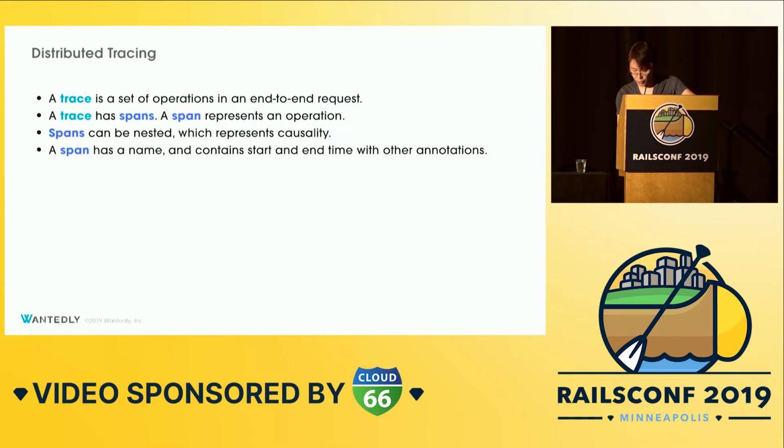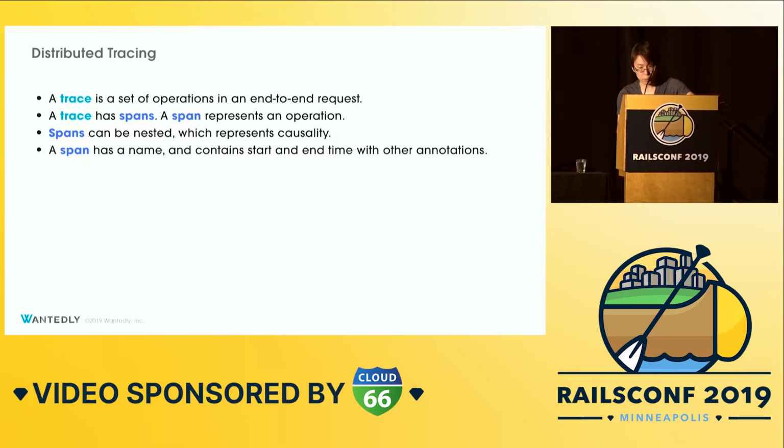Just to explain some terminology of distributed tracing. Trace is a collection of operations performed within a single end-to-end request. A trace can contain multiple spans, and span represents a single operation within a trace. Could be HTTP request, could be SQL query executed, could be rendering something that takes longer time.